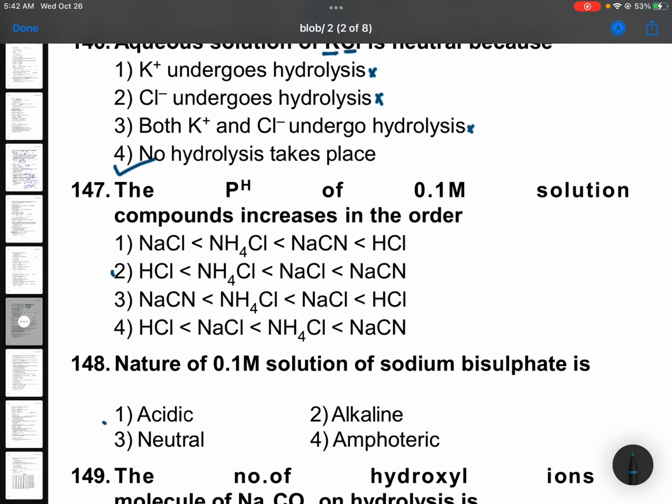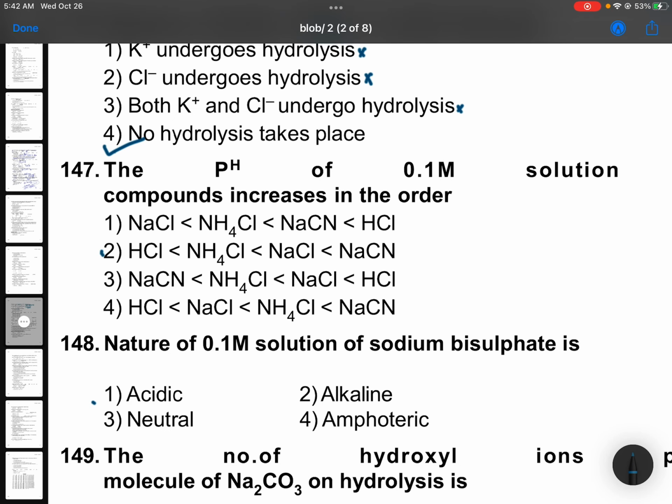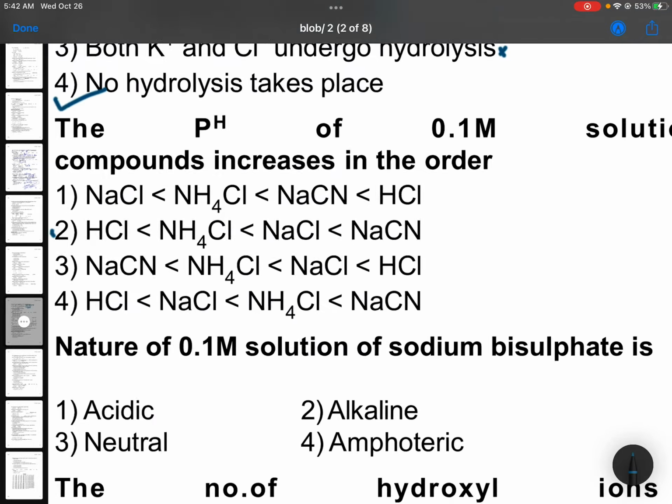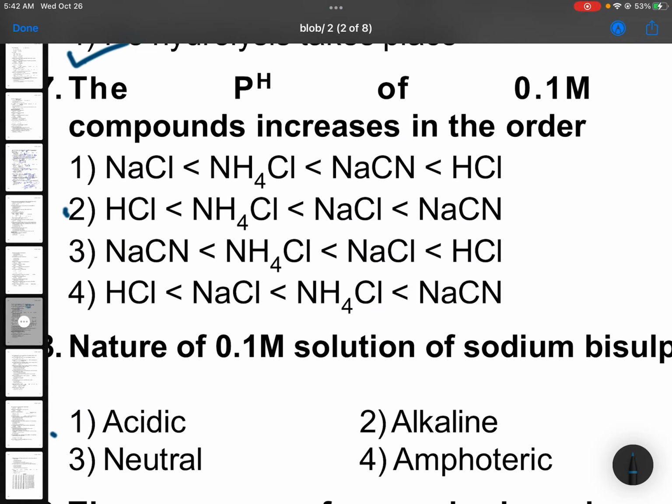The pH of 0.1 M solution of the following compounds increases in the order. This is interesting. See, NaCN is made up of weak acid, strong base. NH4Cl is made up of weak base, strong acid. NaCl is made up of strong acid, strong base, so pH is equal to 7.